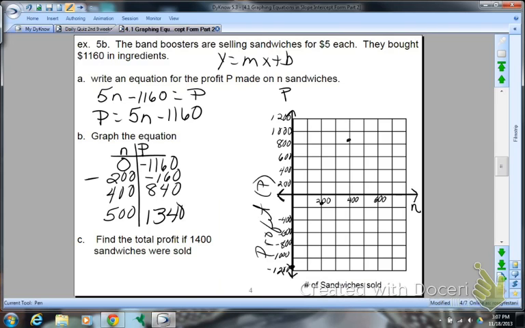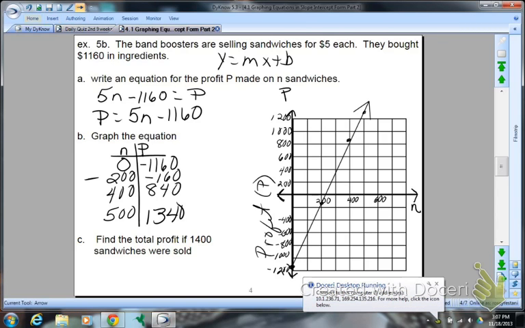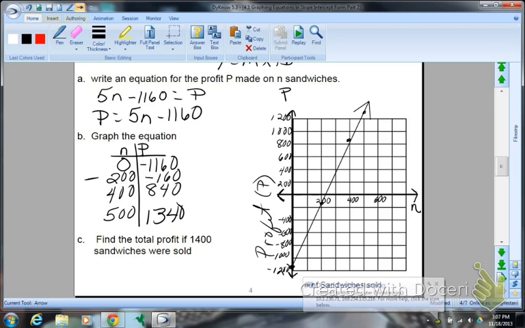And 500 is a little over, but it's just a little that I can extend it. Now I can draw my line, and remember, it starts here, so I don't put an arrow at the y-intercept. And there is my graph.